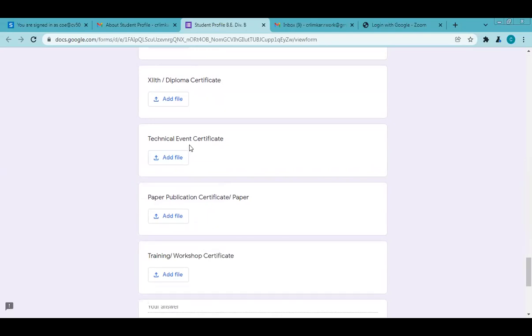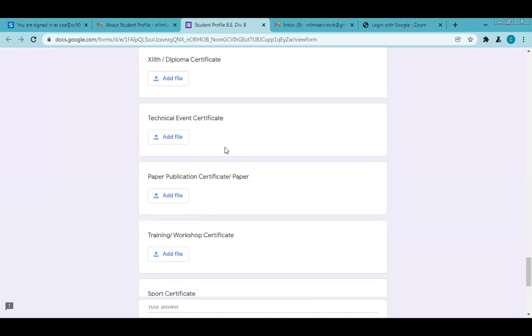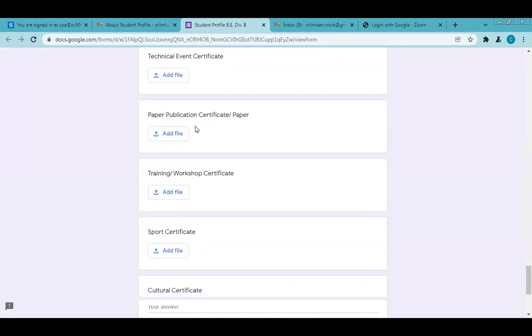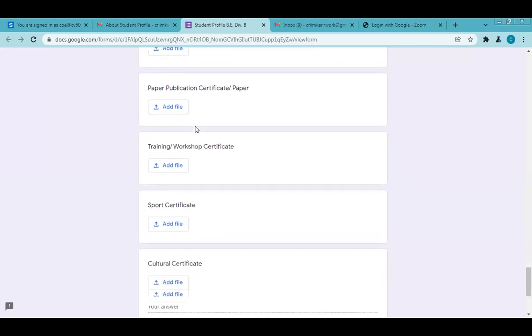Your technical event certificates, whatever technical events you have attended till date, like CAD competition, bridge model making, whatever competitions you have completed. Then paper publication, if you have published any paper, you have to add that also.